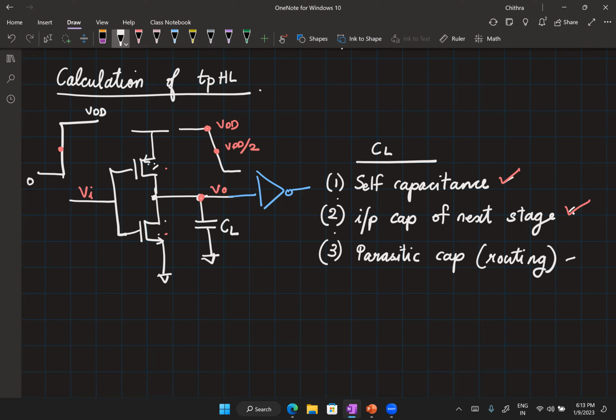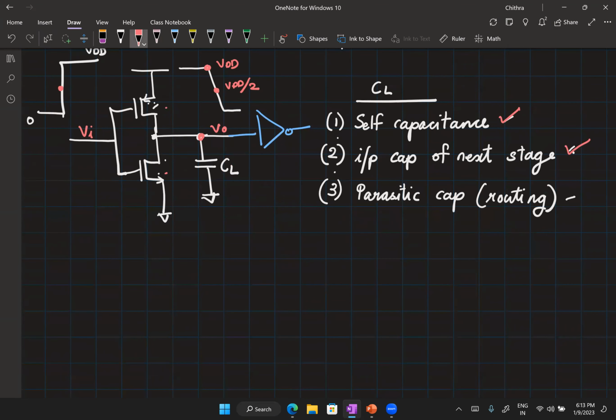Okay. Secondly, we will assume that during this region, when the output is going from VDD to VDD by 2, the CL is a constant. So these two assumptions will make our life so much easier. So now let's say this is happening at t equal to 0. Let us look at the states of this system at t equal to 0 plus.